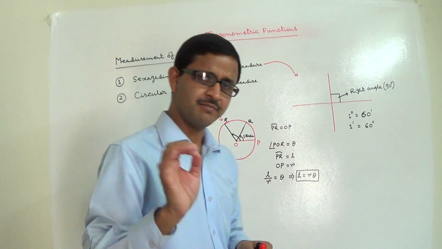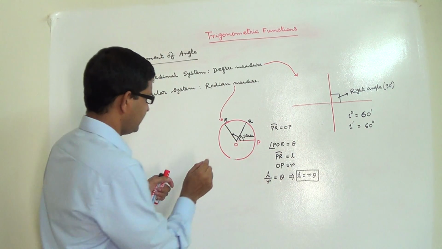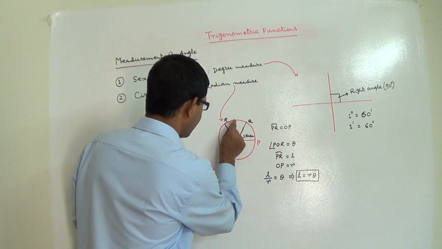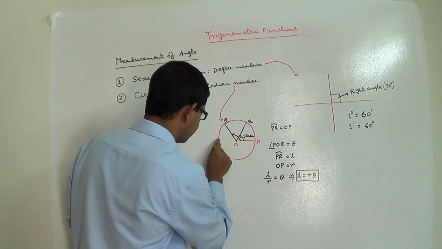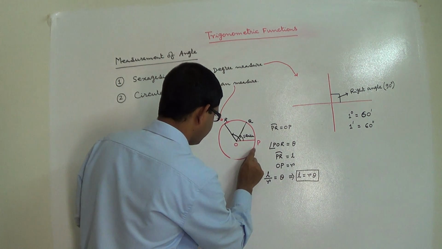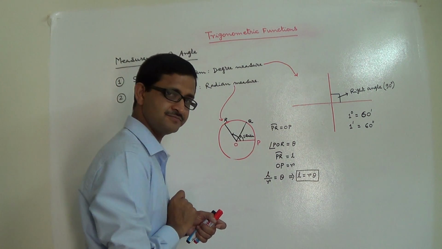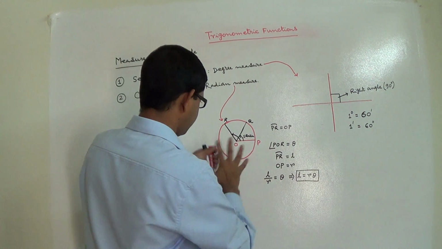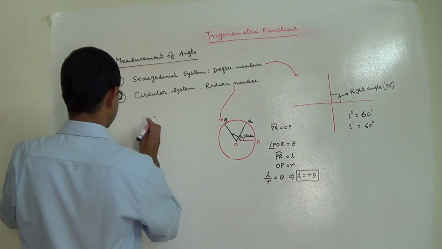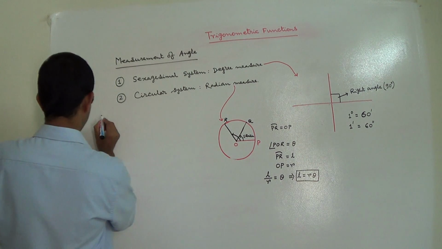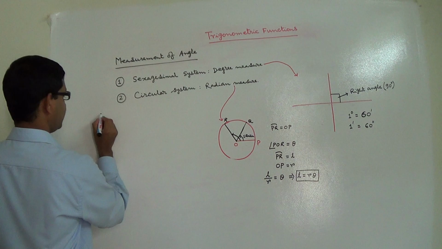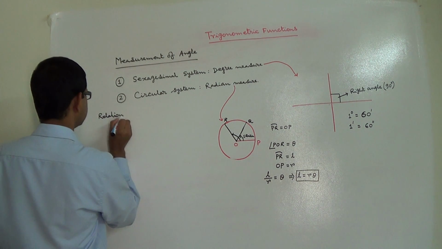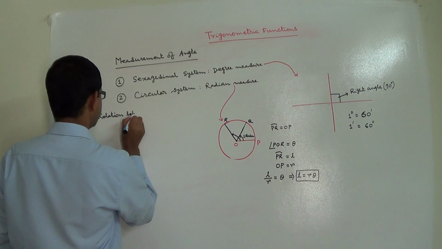Let's come from a very fundamental point, suppose the point P is moving along the circumference of the circle and it comes to the point P again. That means, let me draw a different circle. So, here I am giving the relation between degree and radian.